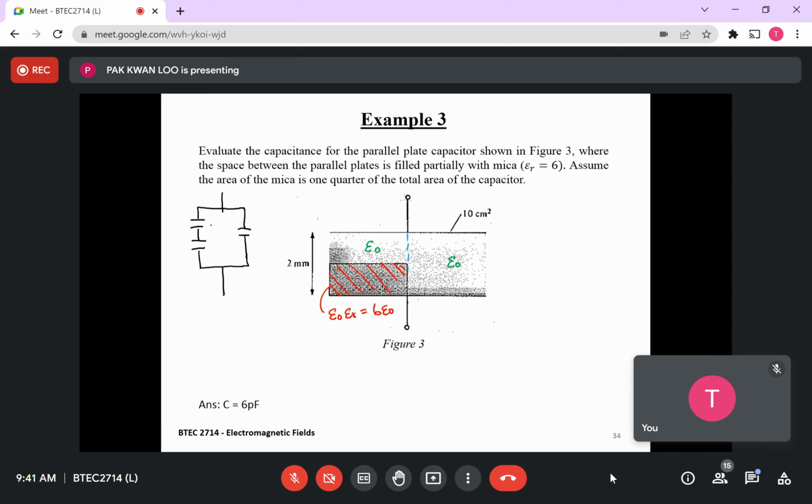So let's say the capacitances are this 1, this 2, and this 3. So C1, C2, and C3.